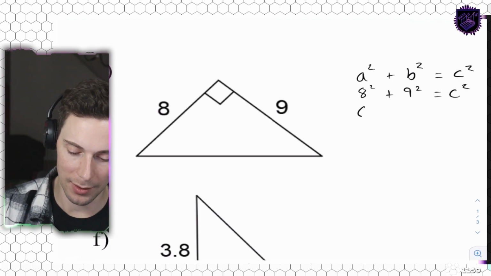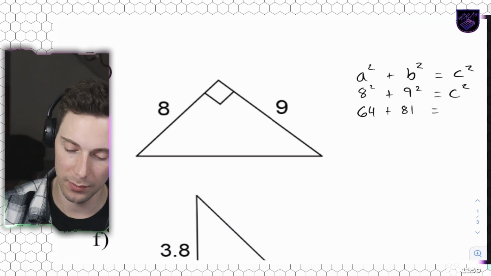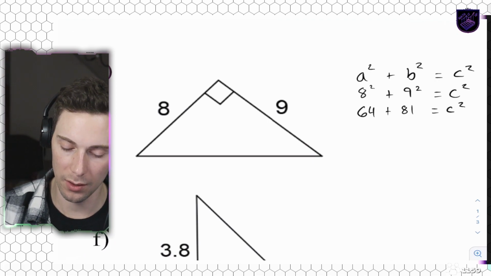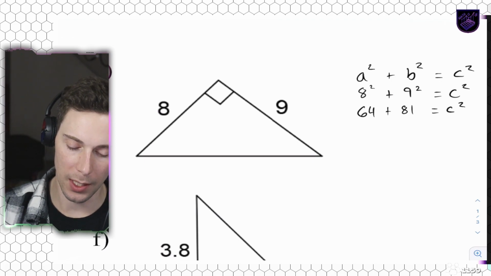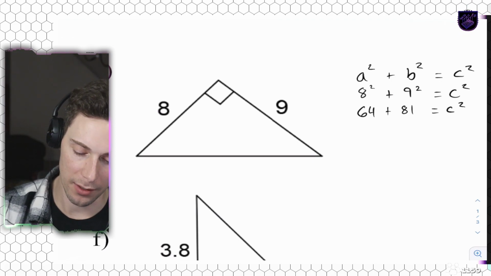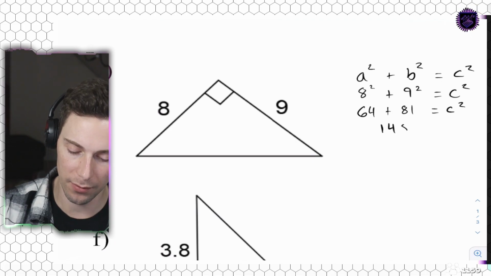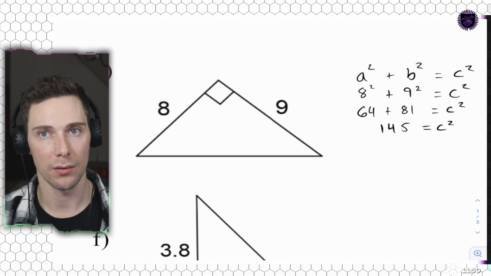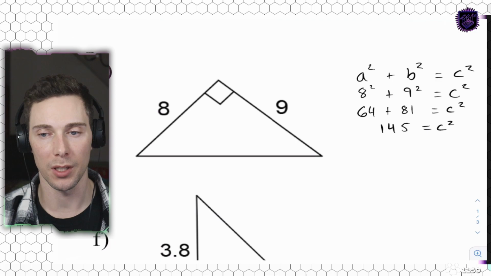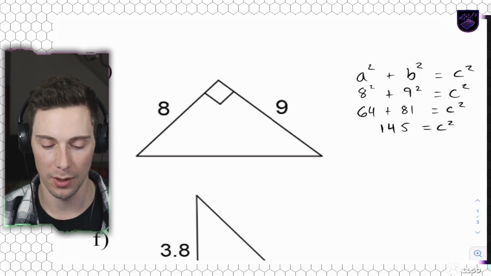So this is going to be 64 plus 81 will be equal to C squared. Now, this is going to be 145. 145 is equal to c squared. Now I know 12 squared is 144, so this is not going to be a whole number. This is going to be a decimal.